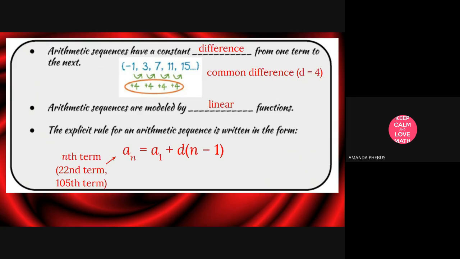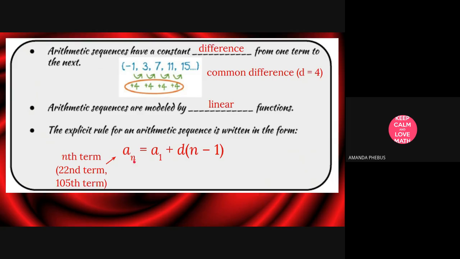It's the nth term. And that n takes the place of the position. So if I want the 22nd term, this would be A, and I would write a little 22. If I want the 105th term, this would be A, and I put a little 105 down here. So that represents a specific term. When you don't know what term it's going to be, it's just going to be with an n down here.